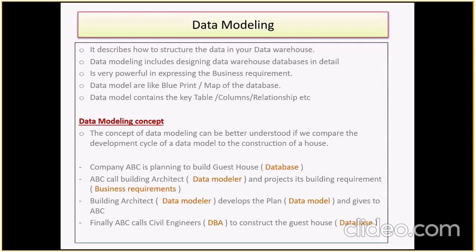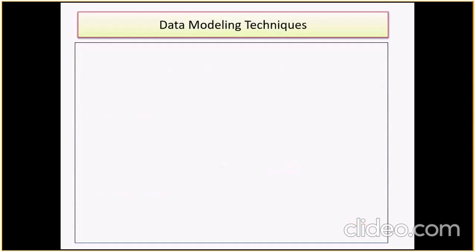Okay, data modeling techniques. Majorly, there are two techniques used in data modeling. One of them is the ER model. The ER model is the simplest and most straightforward technique. It has only entities and relationships. It addresses only data and their relationships.